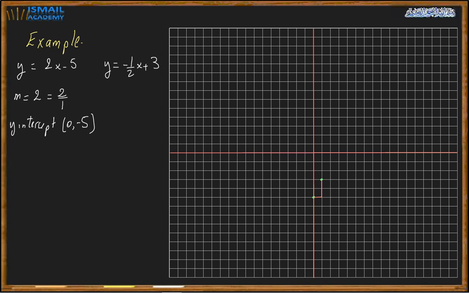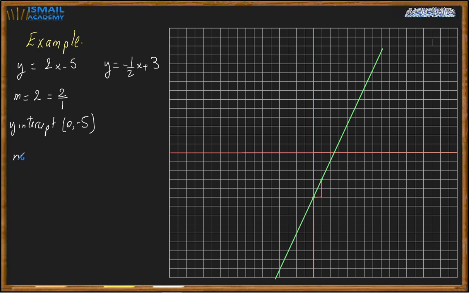Now I can draw my line because I have 2 points. Now let me extend this.